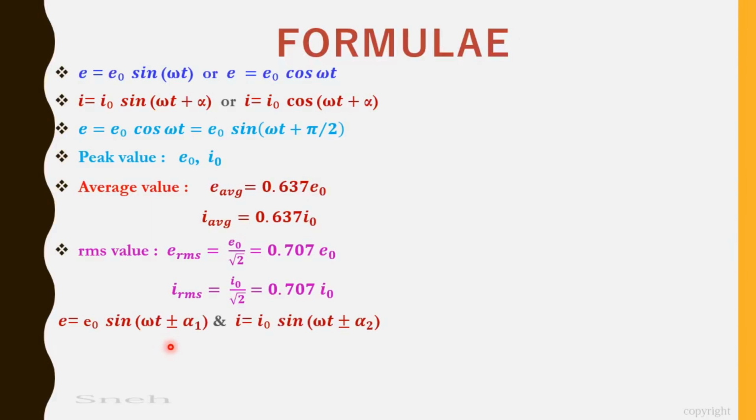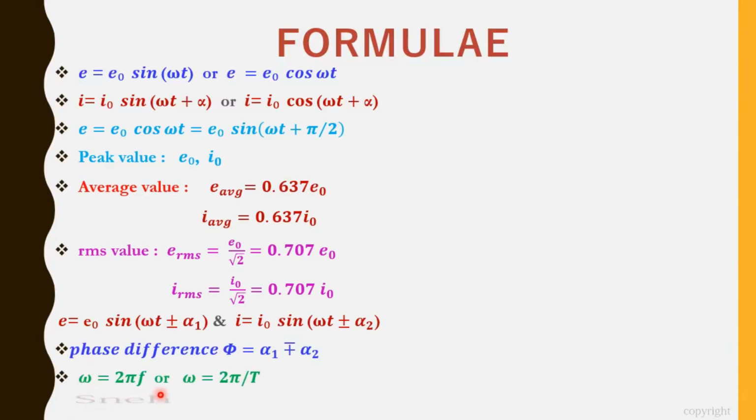It may be on the positive side or the negative side depending on whether the sign is positive or negative. For this particular equation, the phase difference phi is given by alpha 1 minus or plus alpha 2. It may be positive, it may be negative. It is decided by the situation.